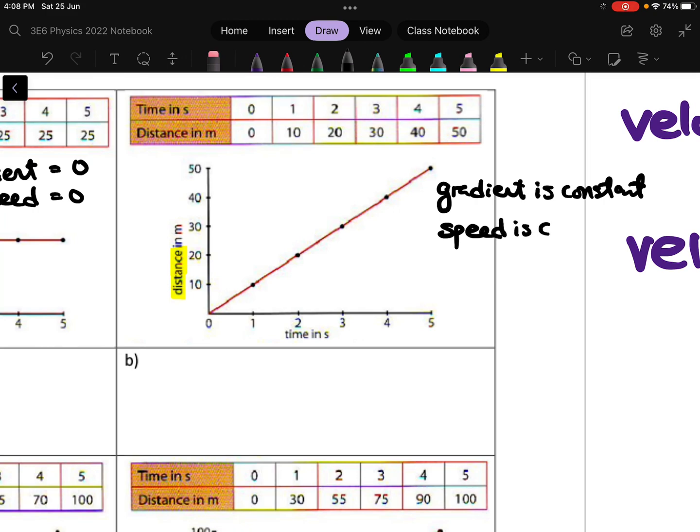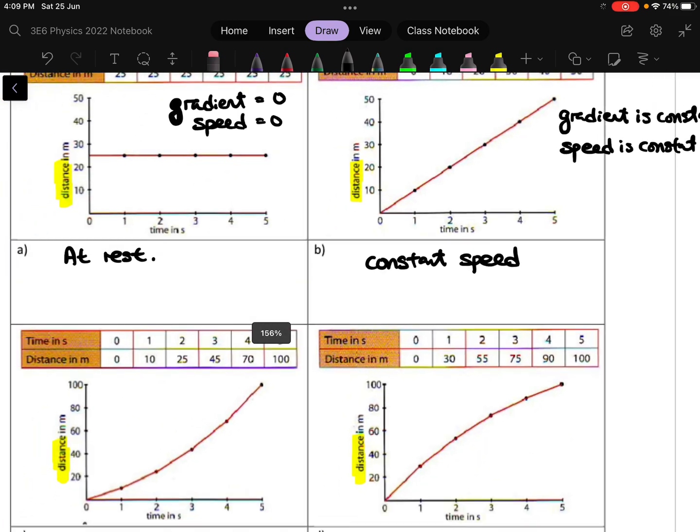So we say that the speed is constant, right? So here I will just write down that it is moving at constant speed, right? I can also write this as constant velocity because positive speed is the same as positive velocity, right? So I can claim that it is constant velocity as well.